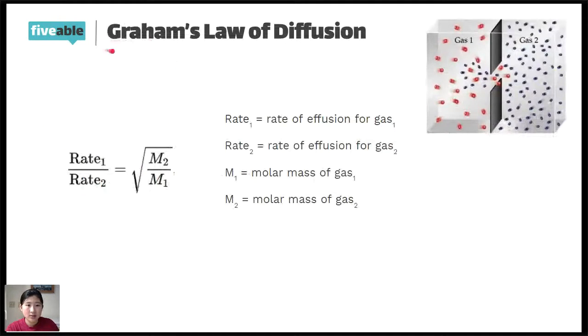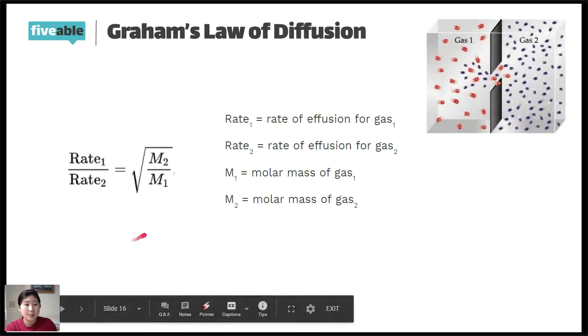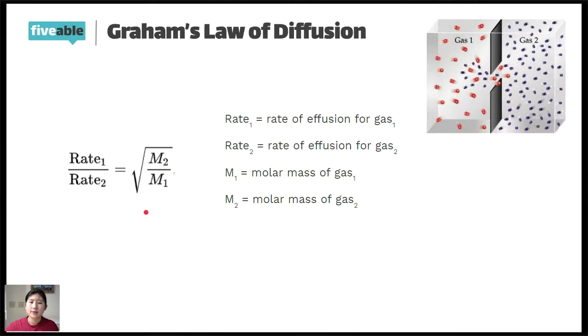All right, so this is Graham's law of diffusion. This is not something that I actually learned in AP chemistry, and I'm not really sure if this is in the curriculum for this year. I don't think it is, because effusion and diffusion are not tested extensively on the AP exam. The teacher taught us this. Okay, well, that's a very good teacher. But this is not an equation that you have to memorize for the AP exam.